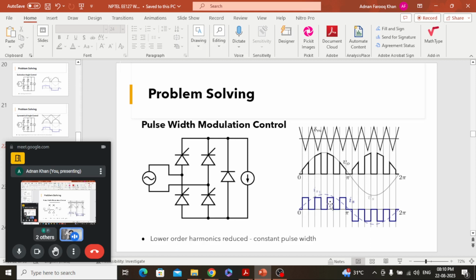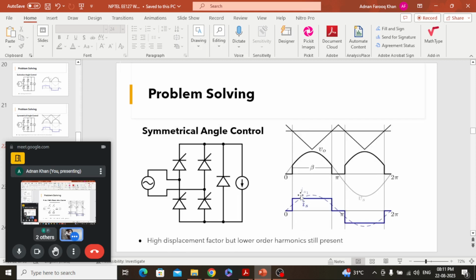Also, if you do the Fourier analysis of this pulsed source current, you can see that the fundamental will be very close to the fundamental of this voltage, and the values of the harmonics will be somewhat reduced compared to the previous square wave.